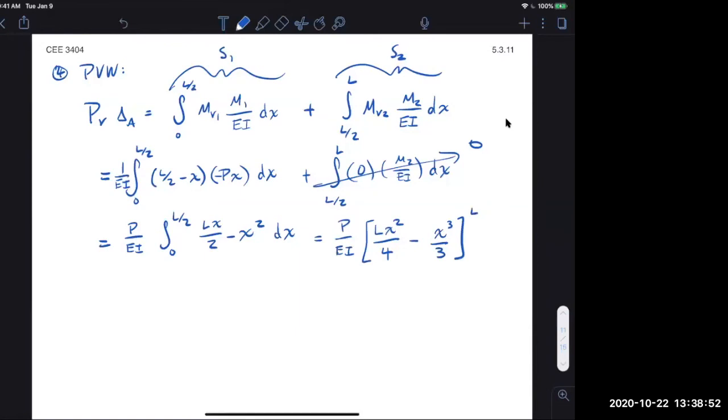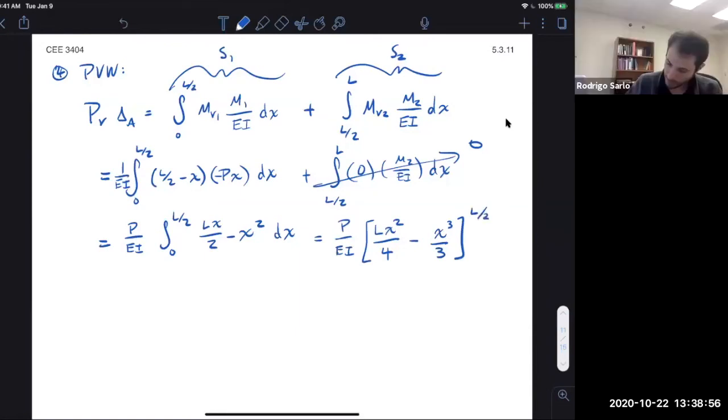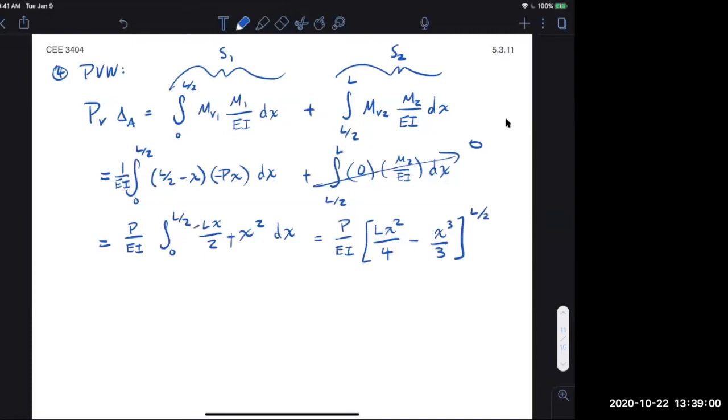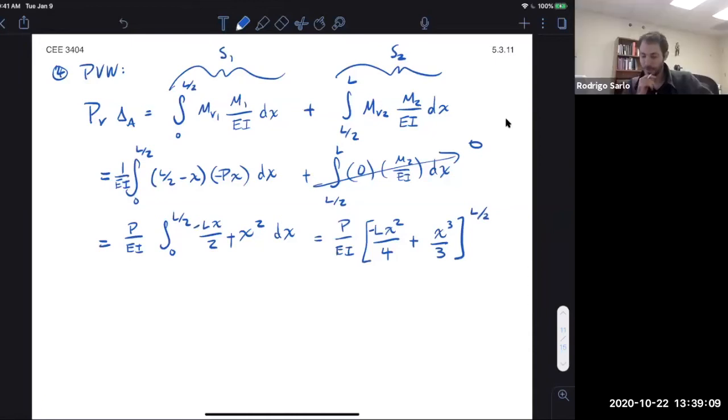Is there supposed to be a negative carried out with that P? No, it should be that, right? Yeah. Thank you. I mean, either way would work, but that's the way I had it in my notes. Okay, so 0 to L over 2.